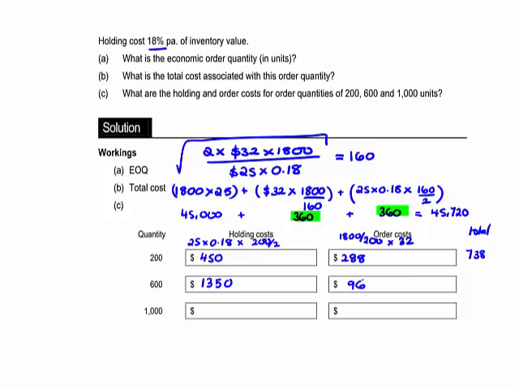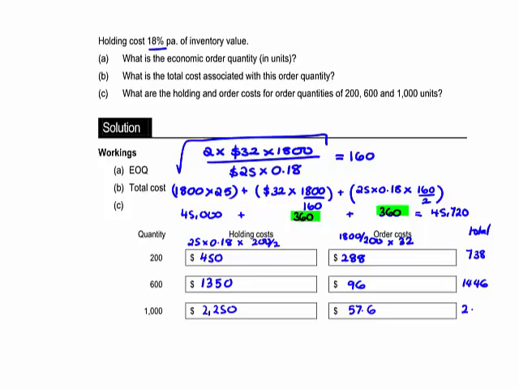So that's a total of 1446. Finally, if we order 1,000 at a time, well, on average we'll have 500 units at $4.50, so that's 2,250. We're only going to need to make 1.8 orders per year though, so our ordering costs will be very low at 57.6, the lowest.